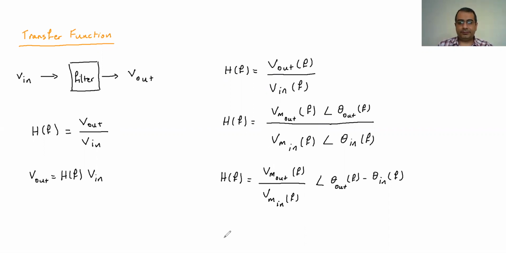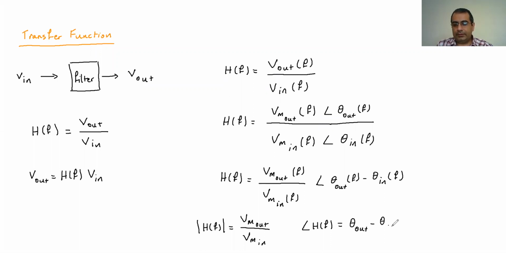So the magnitude of the transfer function is V_m out divided by V in, the amplitude of the output divided by the amplitude of the input, and the angle or phase of that transfer function is just theta out minus theta in.